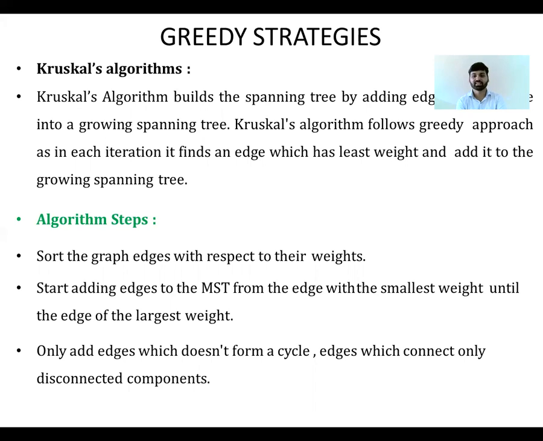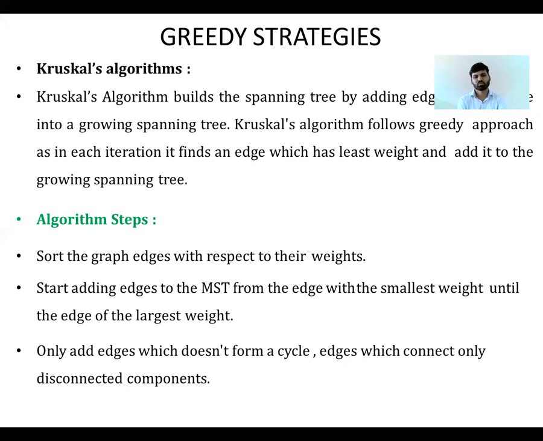You have to select the edge having the least weight, until the edge of the largest weight. We have to traverse all the edges. Then only add edges which do not form a cycle, edges which connect only disconnected components, meaning you have to avoid forming a cycle.